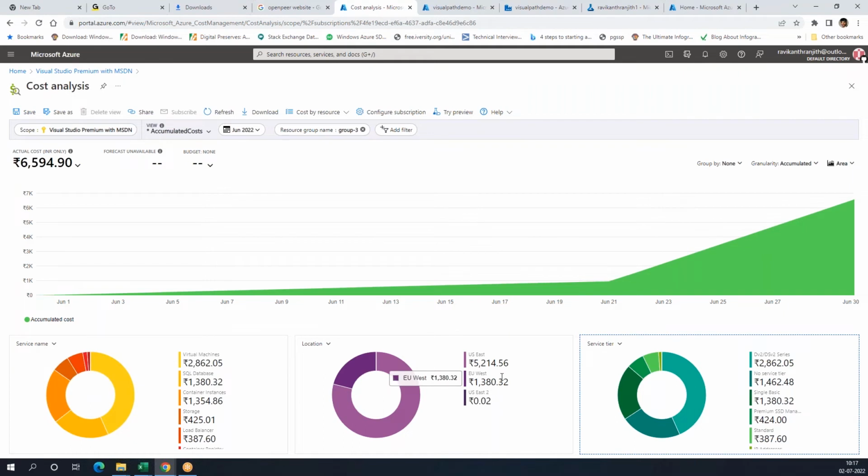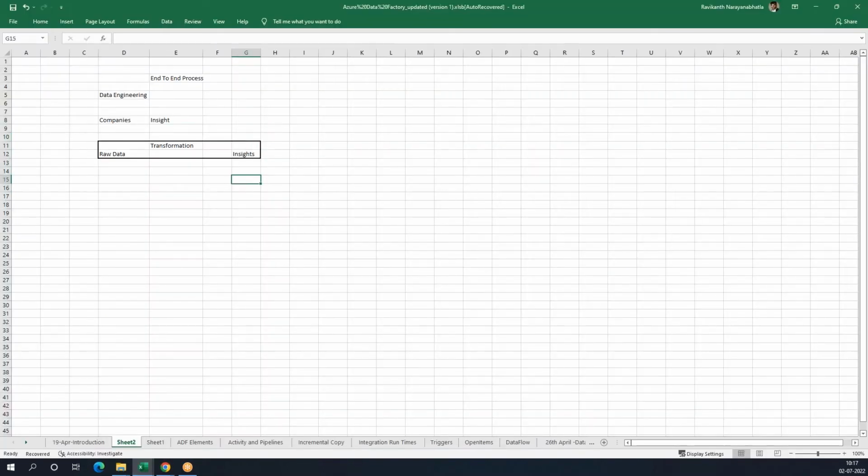By looking at this, I'm able to understand where my cost went: spending on virtual machines, spending on resources in East US, and spending on information in service tiers. So this is an insight. For presenting that, you also need tools.